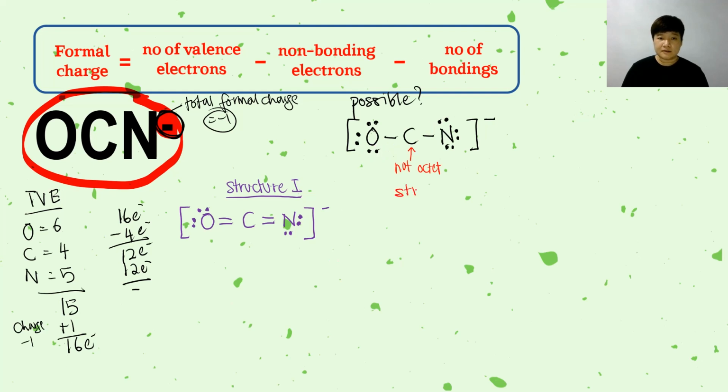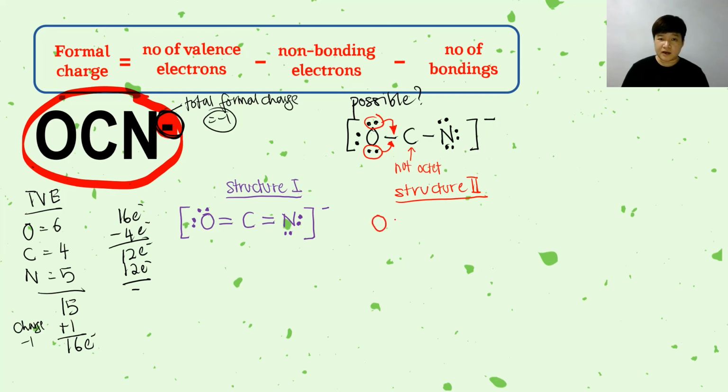What would be my structure 2? How should structure 2 look? Your structure 2 can have both lone pairs donated by the oxygen. So oxygen gives 2 lone pairs to the carbon, and nitrogen does nothing in this case. So the Lewis structure will look something like this.